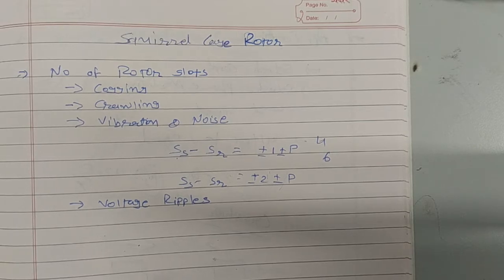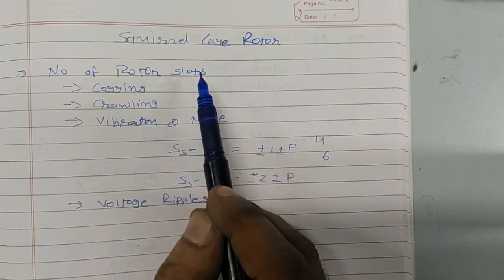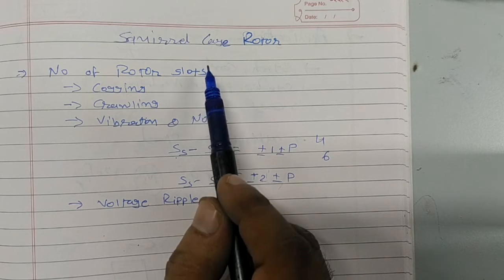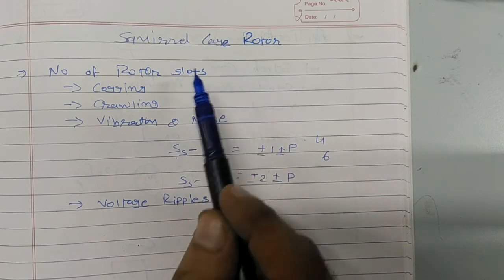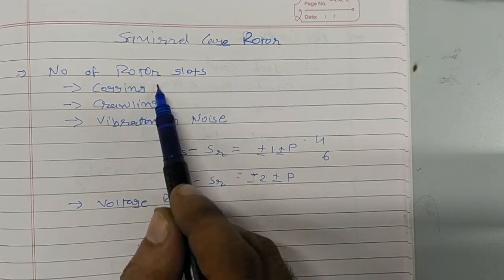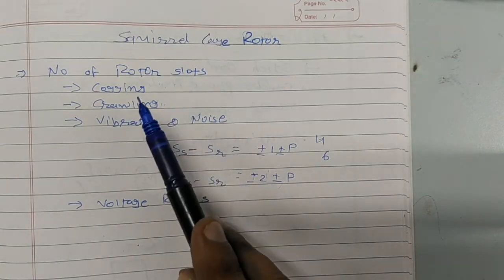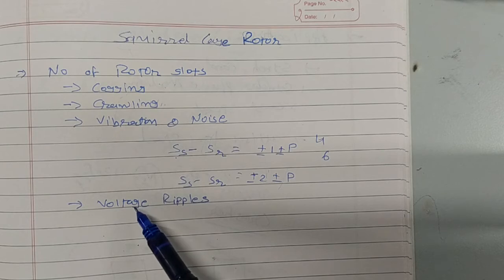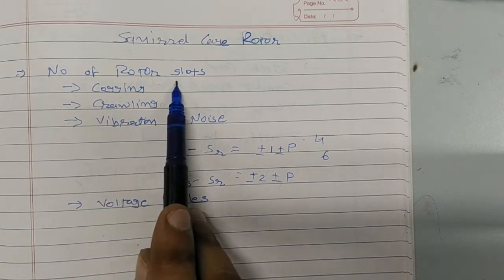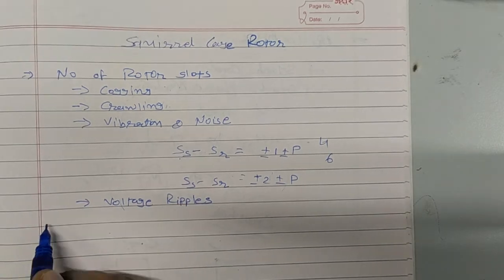So if we talk about the squirrel cage rotor and slip ring rotor, then constructionally the squirrel cage rotor is very easy, if you see its figure, it is not even a complex magnetic circuit, but its design is more complex, because of these two phenomena, cogging and crawling, and these remaining two also. Okay, so how do we avoid these abnormal conditions? How do we select the number of slots so that we can avoid all these four abnormal conditions? Okay, so there are certain rules. So let us see what these rules are.